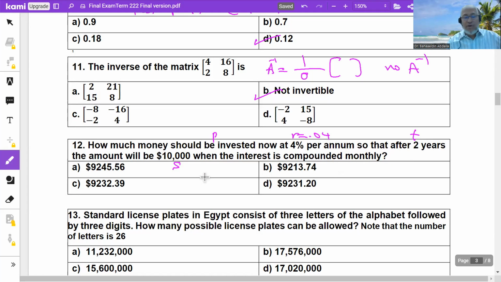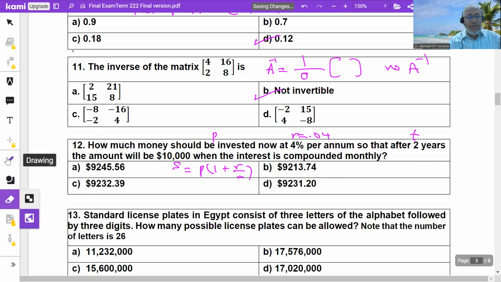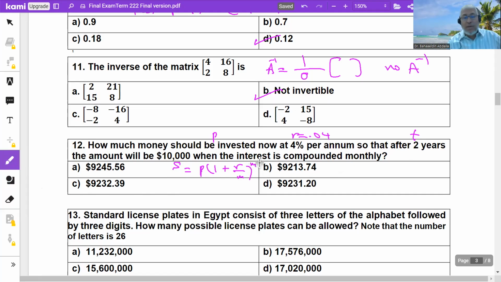Okay, the formula for compound interest: S equals P times (1 plus R over M) to the power M times T. That's the formula. S is equal to the future value. It is 10,000. That's given in the question.